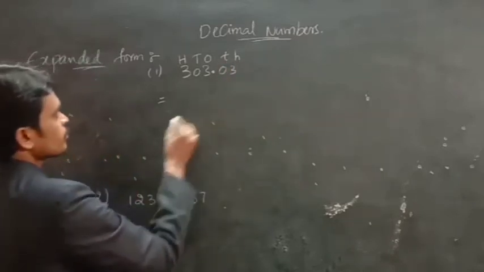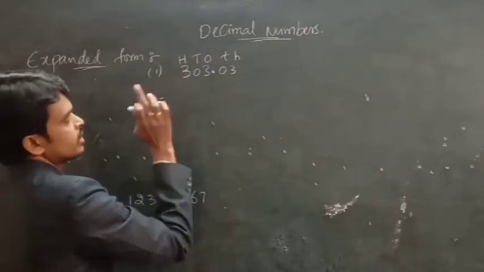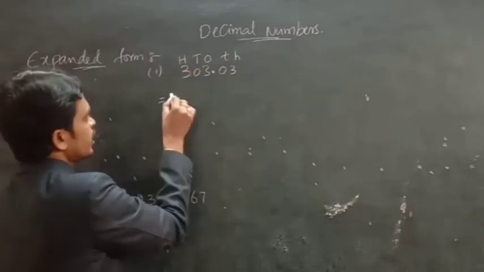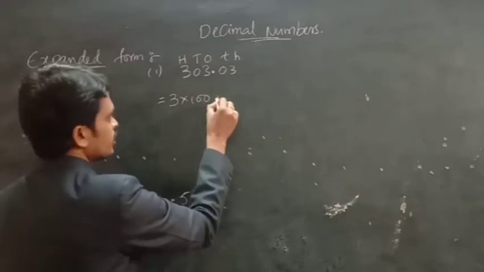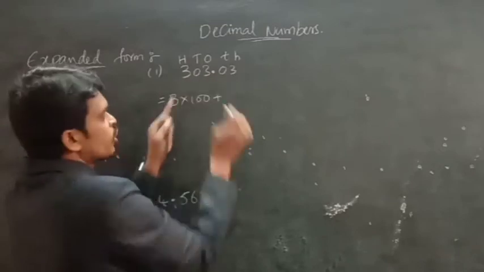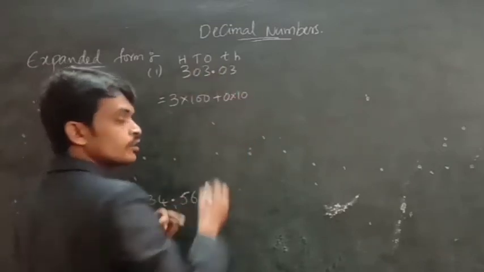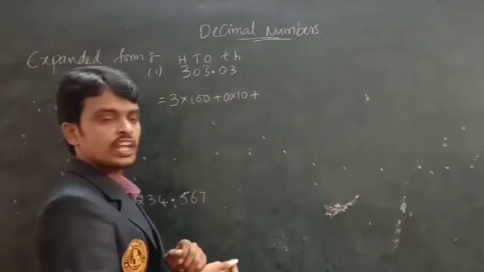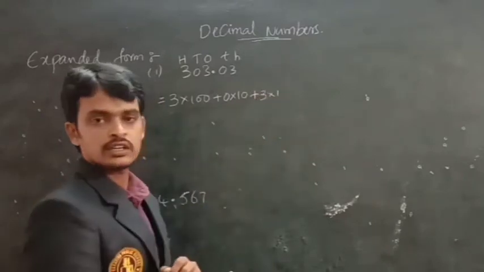So here, ones, tens, hundreds. Then 3 is in the hundreds place, so 3 into 100. After that we write plus. Then the tens place is 0, so 0 into 10, plus the ones place is 3, so 3 into 1.